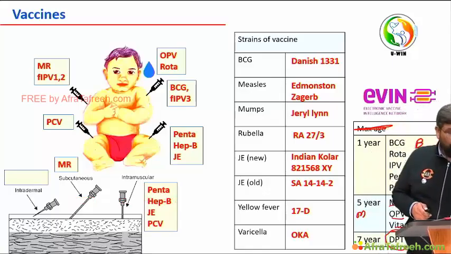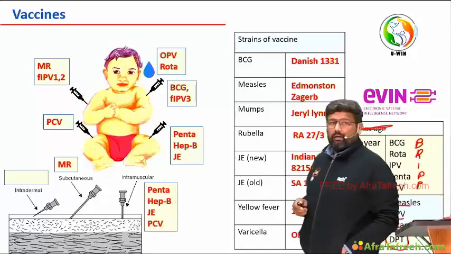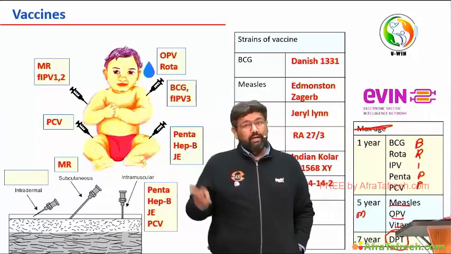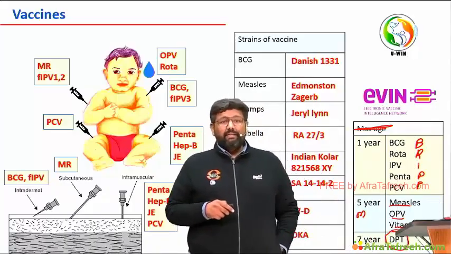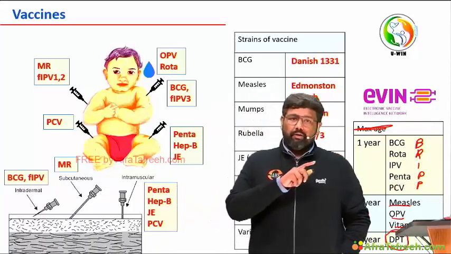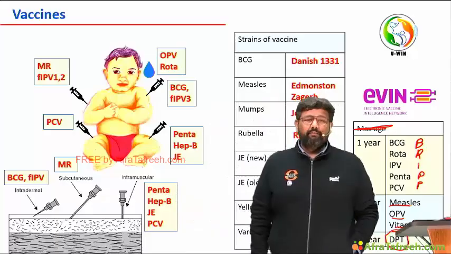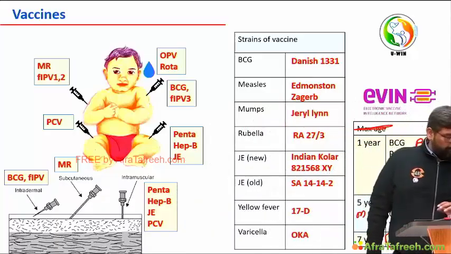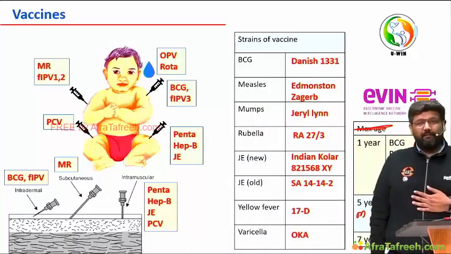Then we have MR. Now the only subcutaneous vaccine is MR. Earlier MR and JE were subcutaneous. BCG and fIPV are intradermal. Do not worry about the PDF. PDF will be there.